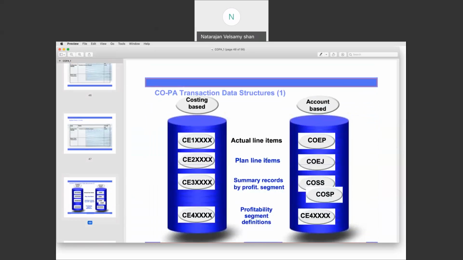And the tables. For COPA costing-based, we have table CE1 for all actual items, CE2 for plan items, CE3 is the summary record by segment, and CE4 is the segment definition.